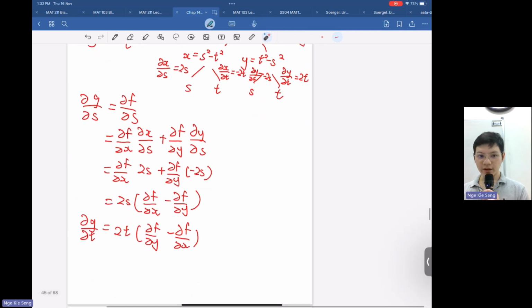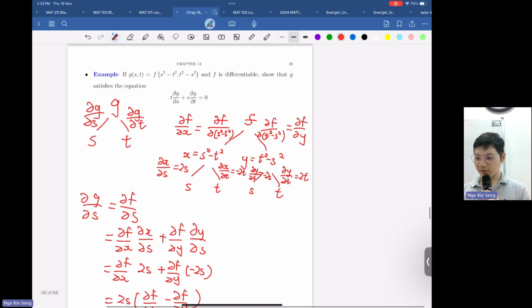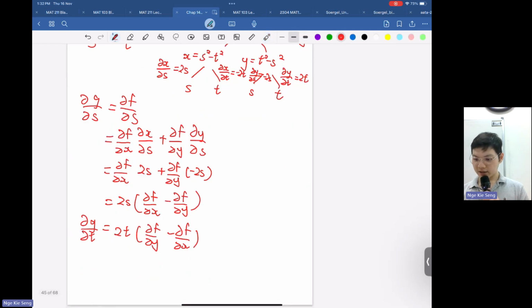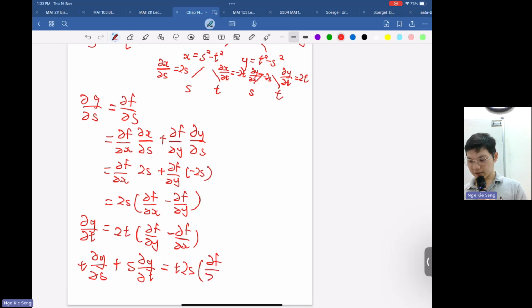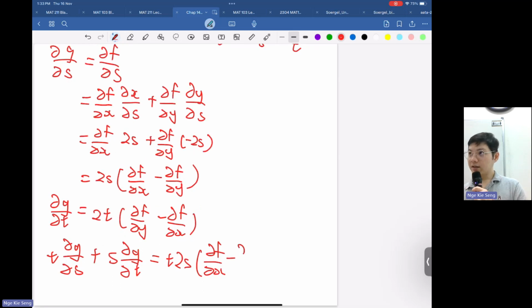Altogether, we want to verify what? t times the derivative with respect to s plus s times the derivative with respect to t is 0. So you need to multiply t by del g over del x plus x del g over del t, which is t times 2x times del f over del x minus del f over del y, plus s times 2t times del f over del y minus del f over del x.